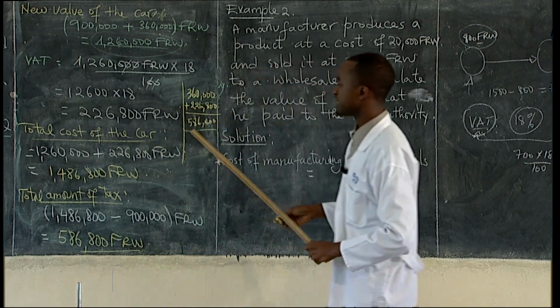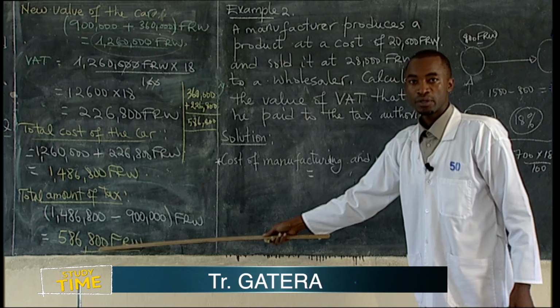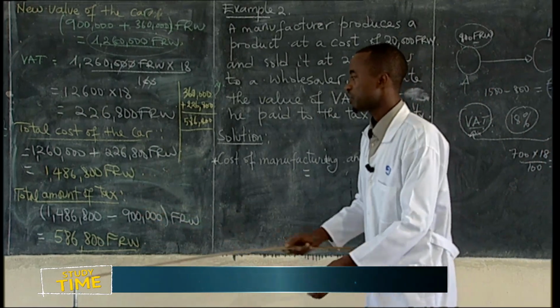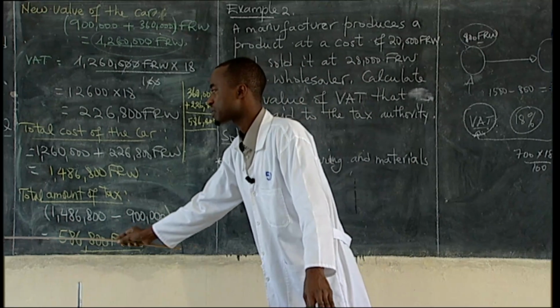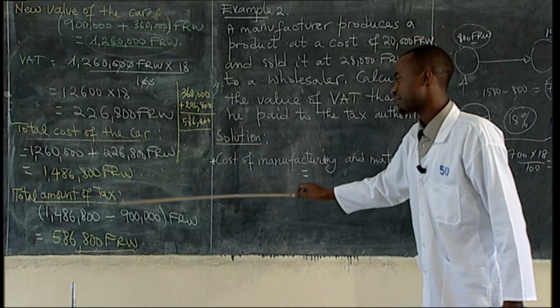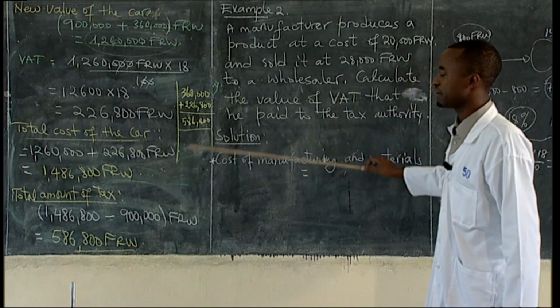You see, we are getting the same value as this one. So there are two ways you can calculate the total amount of tax: take the custom duty and add the VAT, and you see they give the same value.